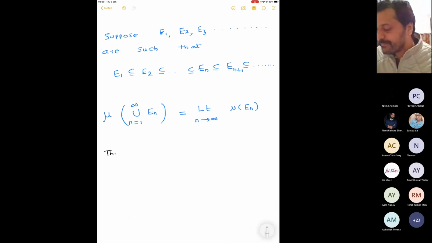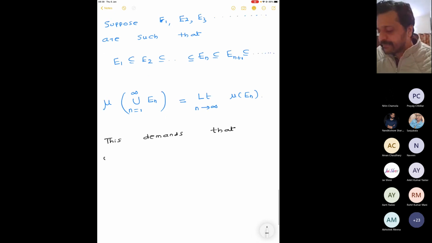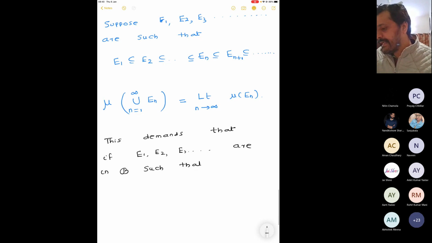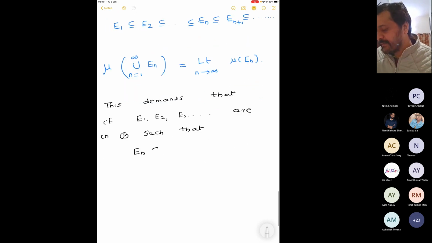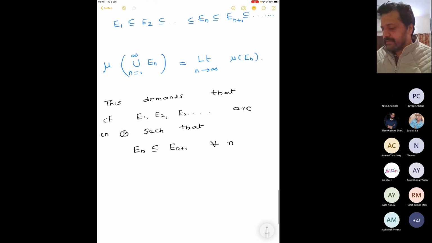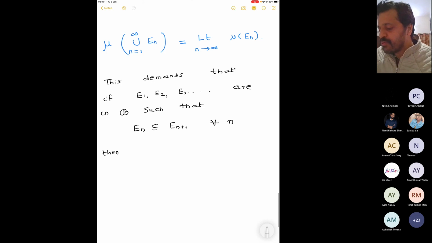This demands that if E1, E2, E3, etc. are in B, such that En is contained in En plus 1 for every n, then the union over n equal to 1 to infinity should be in B.